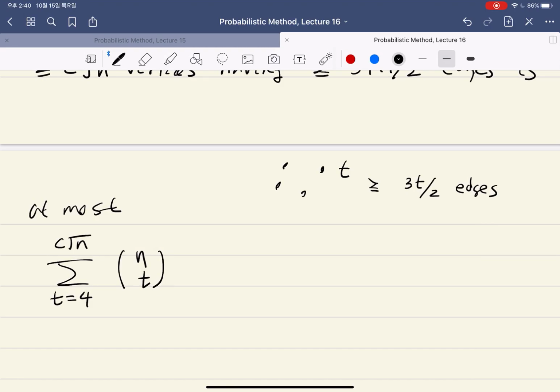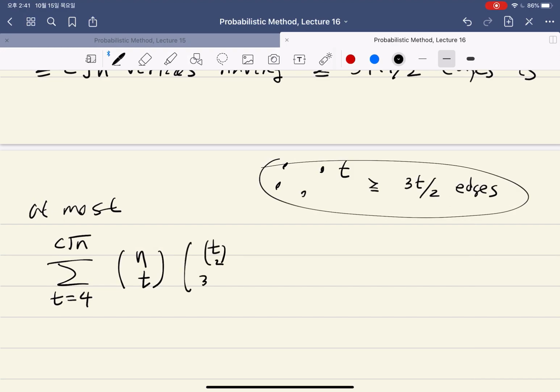Then you want to find the upper bound of this. So this probability can be bounded by taking all possible 3t over 2 edges among these t choose 2 pairs, and then all of them are edges. The probability is p to the 3t over 2.